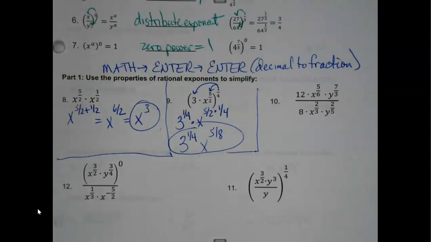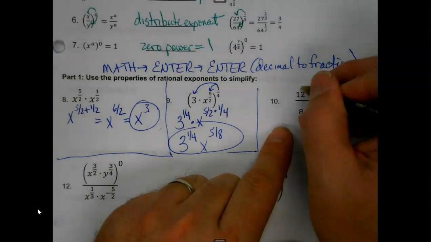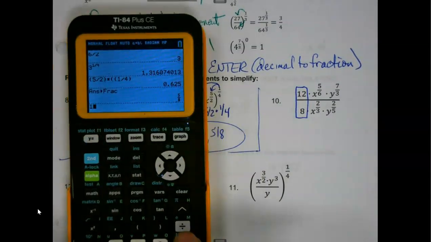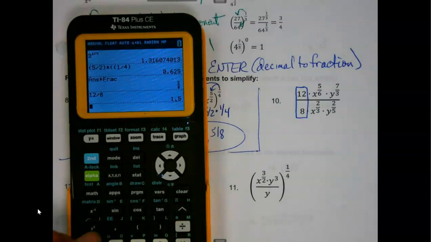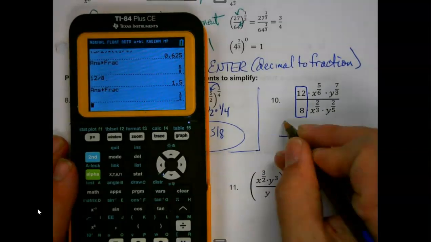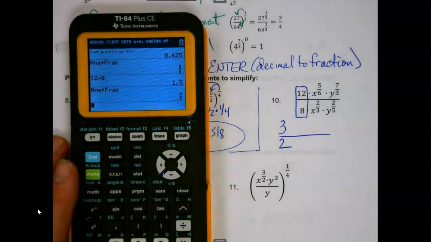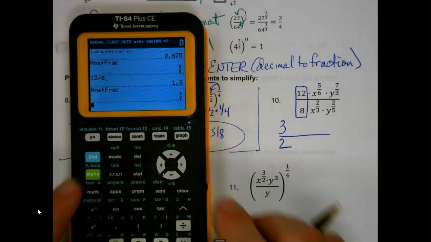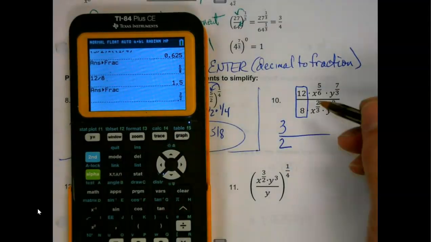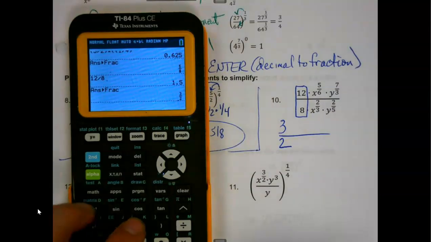Let's see. Remember yesterday when we said big numbers don't play by exponent rules? Don't subtract the 12 and the 8. They're not exponents. Oh, we don't do decimals, though. Math, enter. Okay. So we just reduce the fraction. And then with these, we're going to subtract.